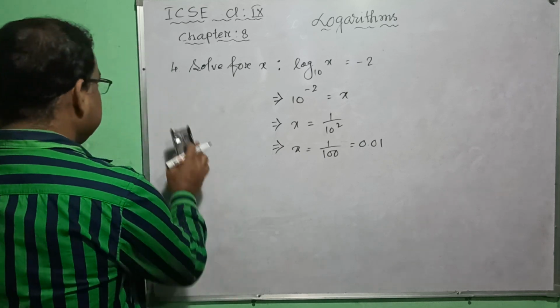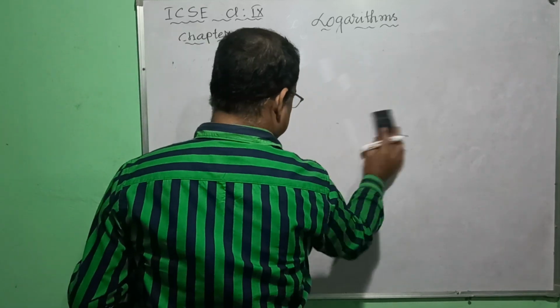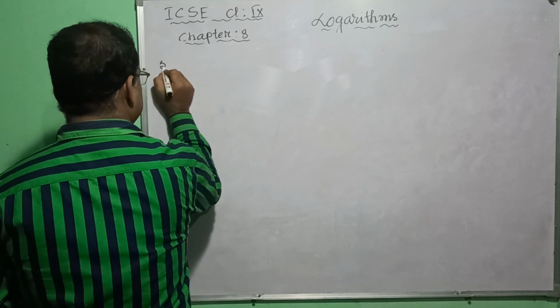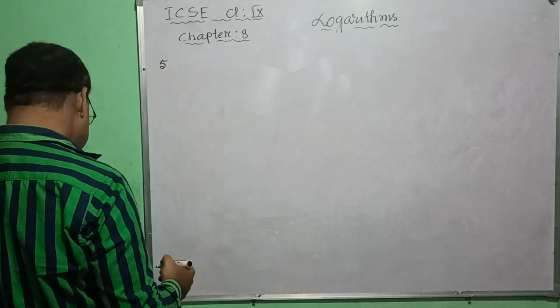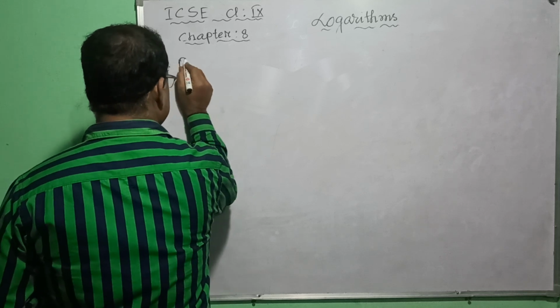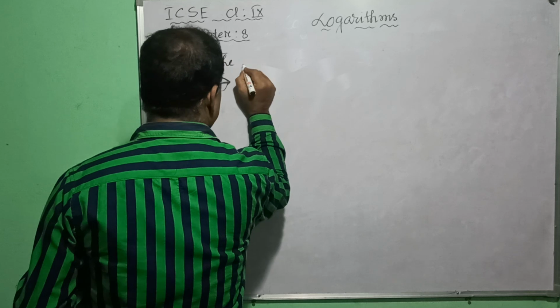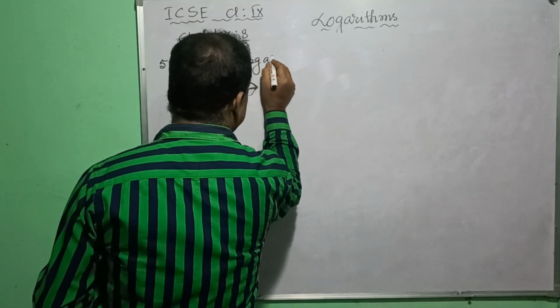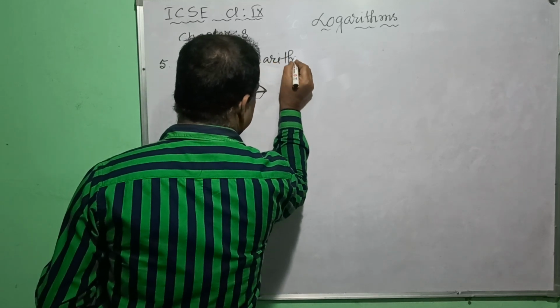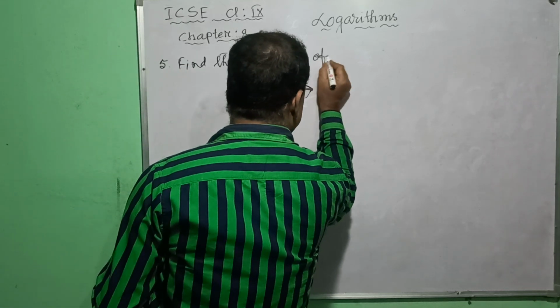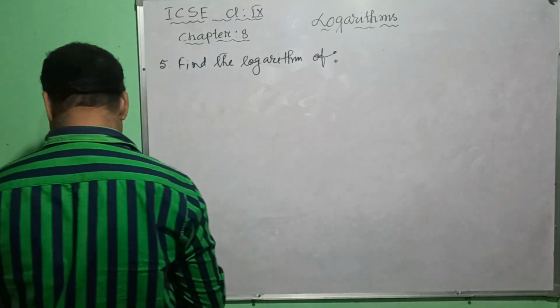Now number 5. In question number 5, it is given: find the logarithm of the following.